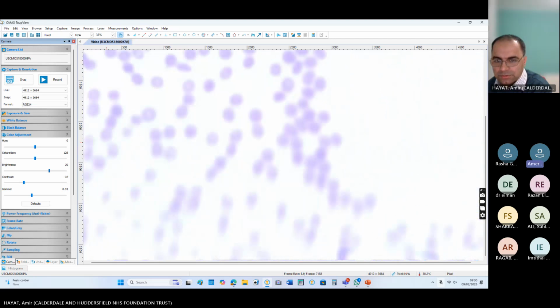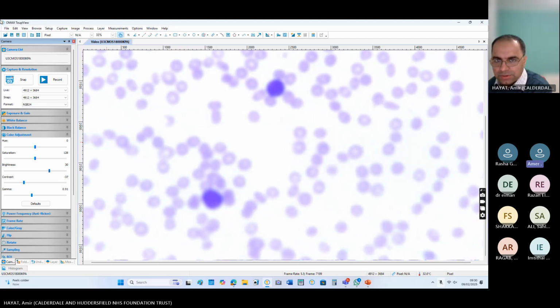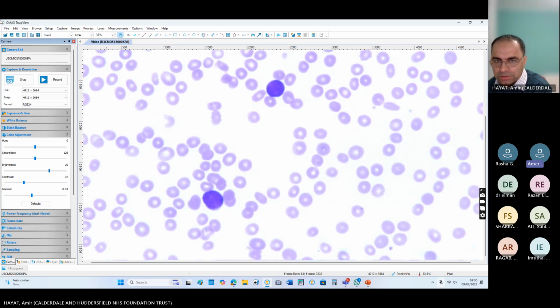You have to then report the blood film and teach your lab colleague what you are thinking about this blood film.